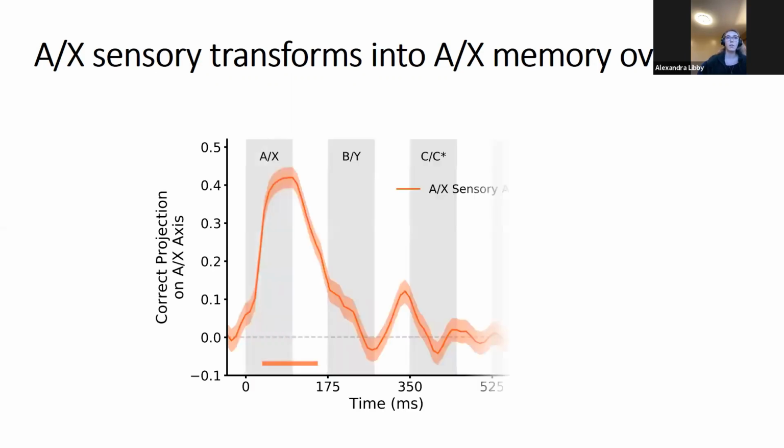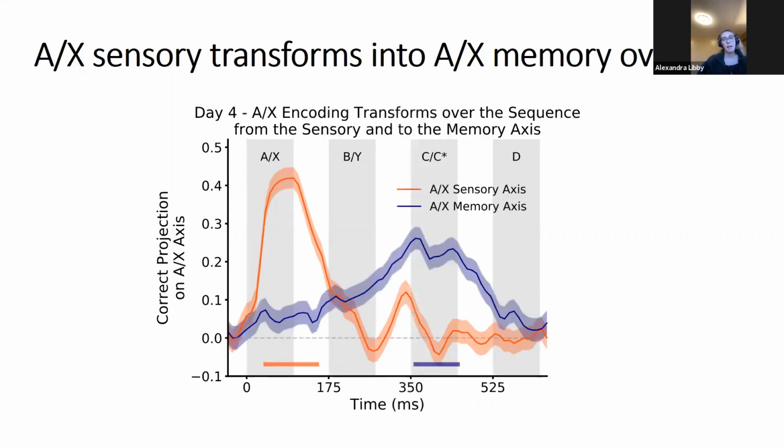Okay, and so for example, we'll start with the AX sensory axis. So like you were saying earlier, it is really strongly encoded during the AX period, and then it drops down over time. And the reason that it's basically at chance at C/C prime is this includes both trial types. So if I had broken it up by expected, unexpected, one would be above chance and one would be below chance.